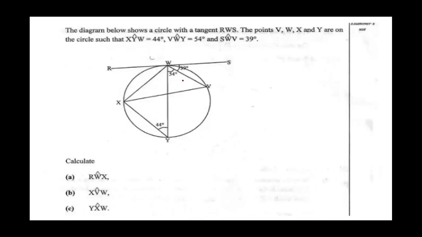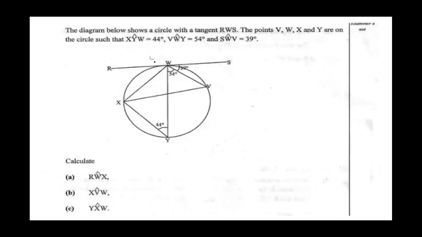The question reads, the diagram below shows a circle with a tangent RWS. The points V, W, X, and Y are on the circle such that XYW is equal to 44 degrees, VWY is equal to 54 degrees, and SWV is equal to 39 degrees.